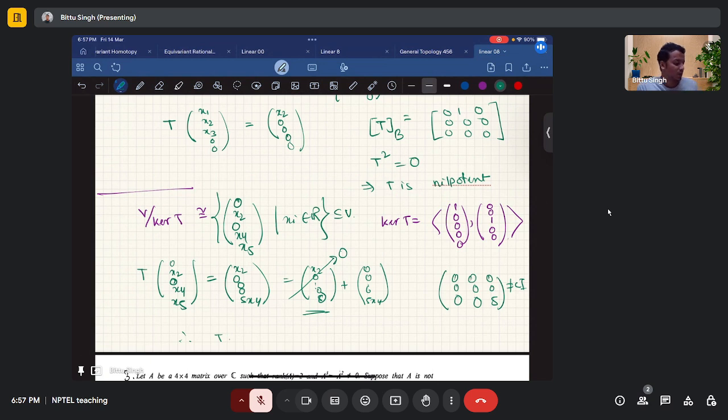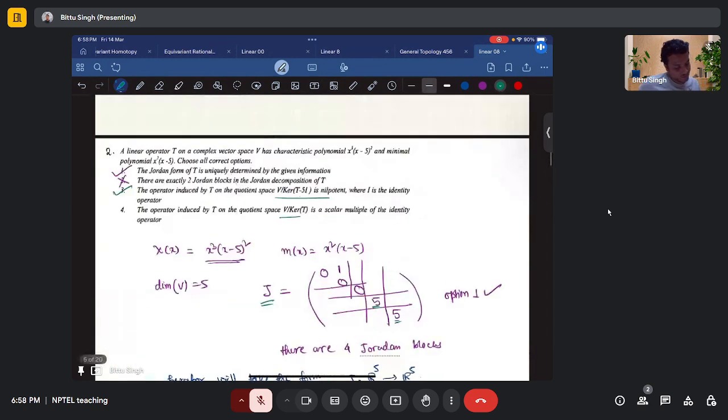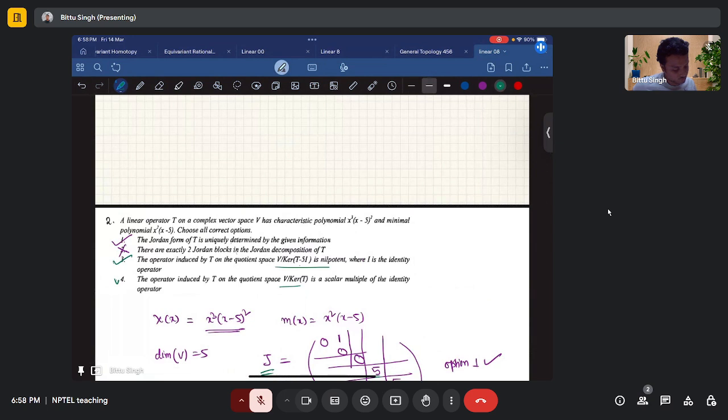T restricted on this V mod kernel T is not a scalar matrix. Okay, then everything is fine. So this is false actually. Only options 1 and 3 are correct.